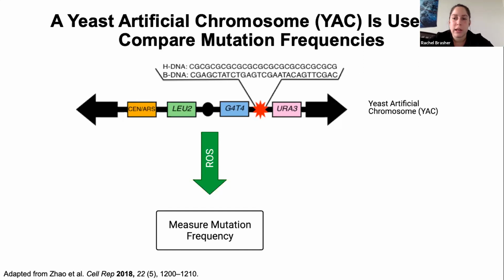When you say the two positions, you mean the two chromosomes? Correct. Okay. I believe that H-DNA only has to be on one chromosome, the sequence for it.